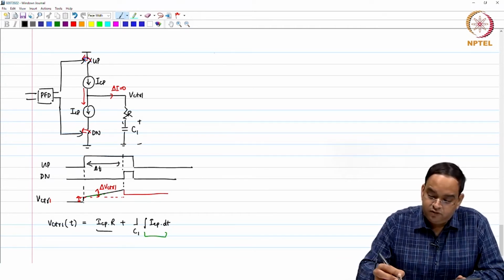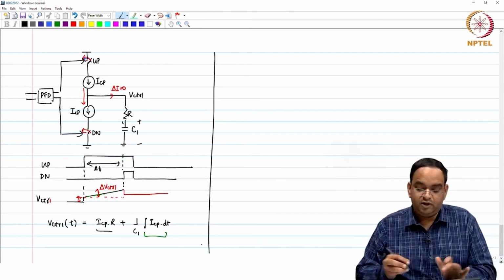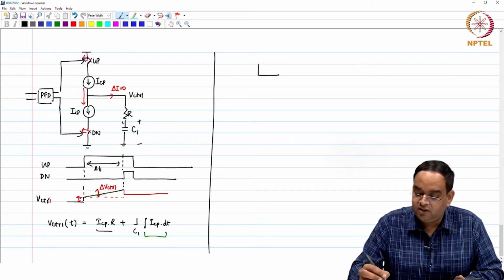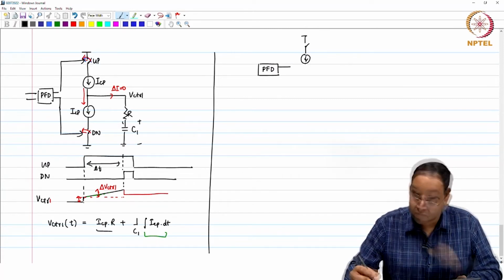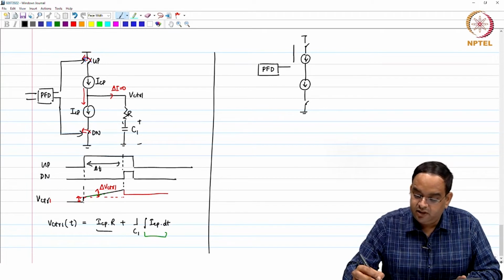Now, for the same thing, we need to find the gain from this PFD to the loop filter. So, let me first draw the block diagram of how our connections will look. So, I have a current source, then I have another current source with a switch, and then it is like this.